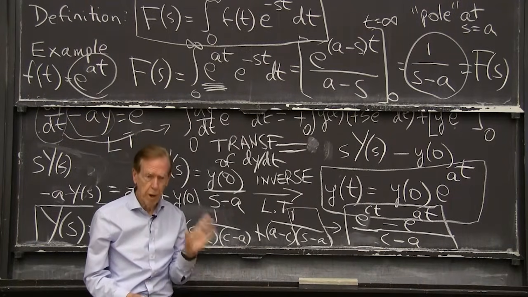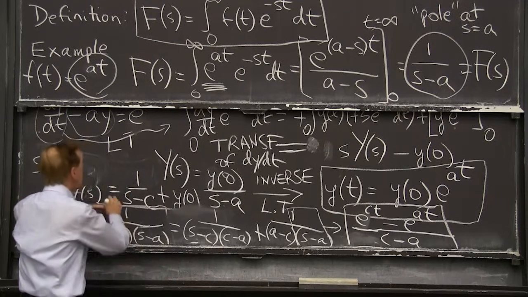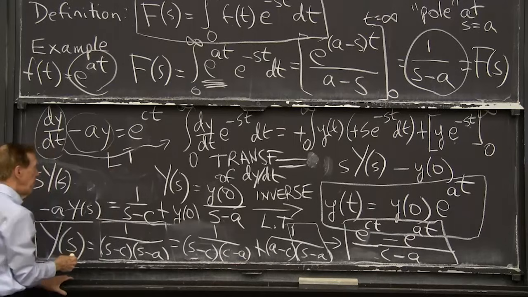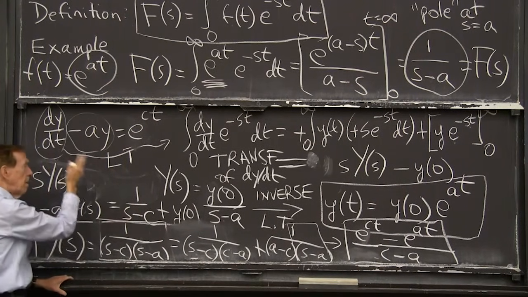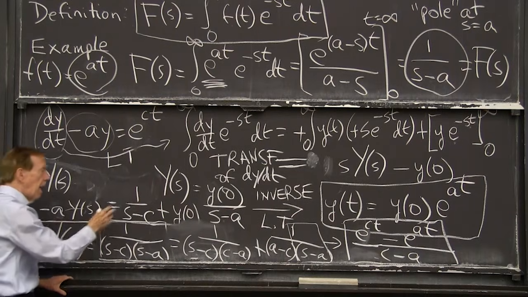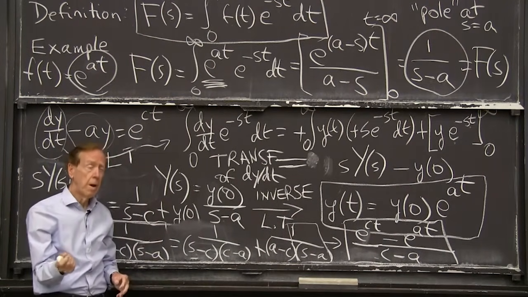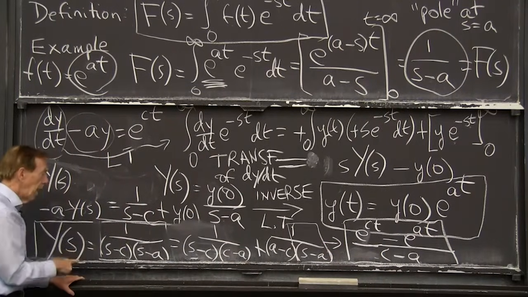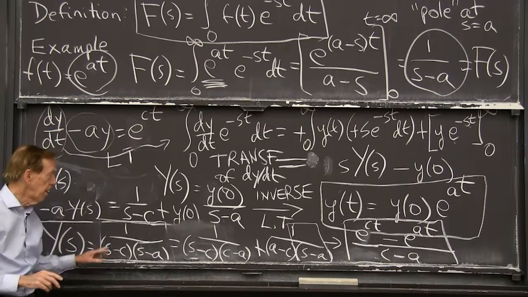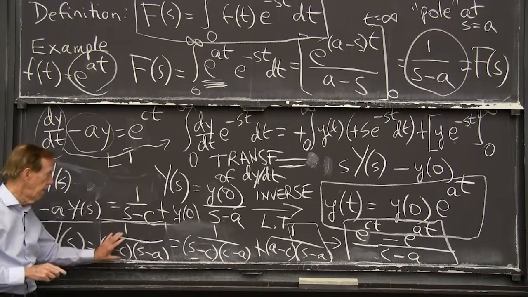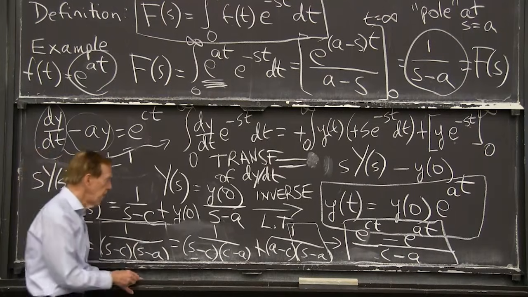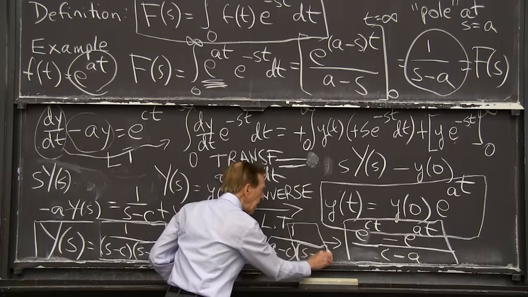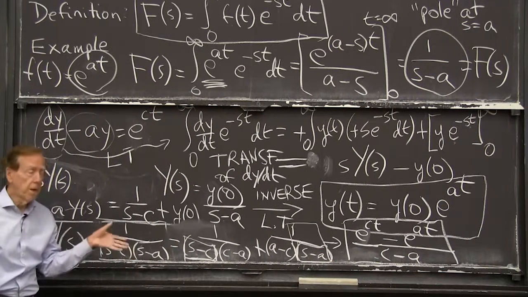So the Laplace transform, we transformed the differential equation. We got an algebra equation. We solved that algebra equation, and then we had to go backwards to find what function had this transform y. And to see that clearly, we had to use this partial fraction idea, which separated these two poles into one pole there, when s is c, and another pole when s is a. You got two easy fractions.